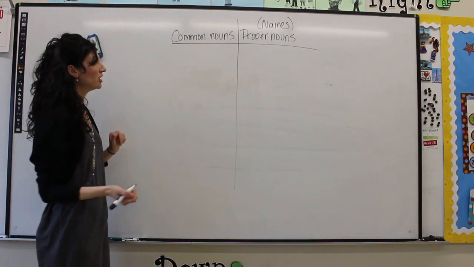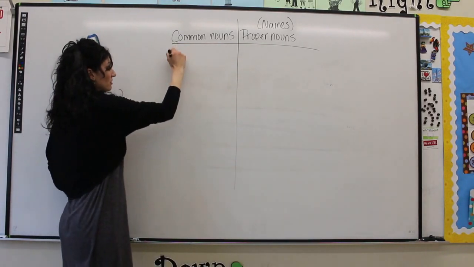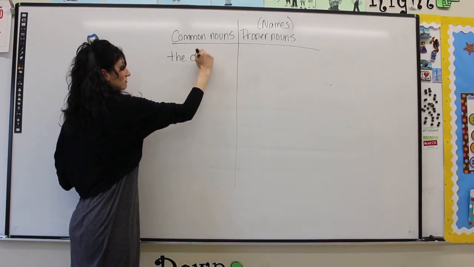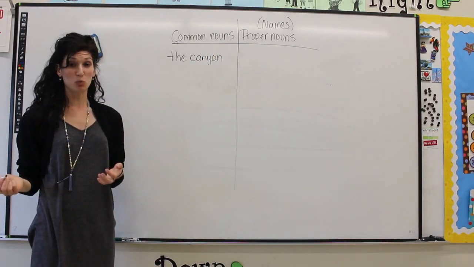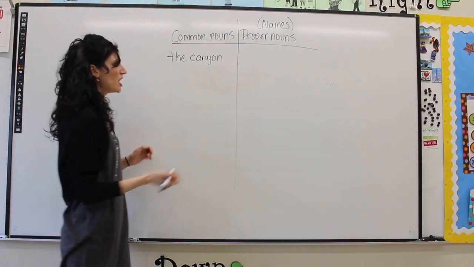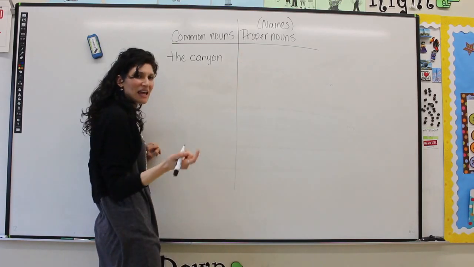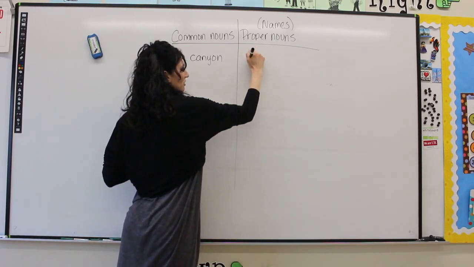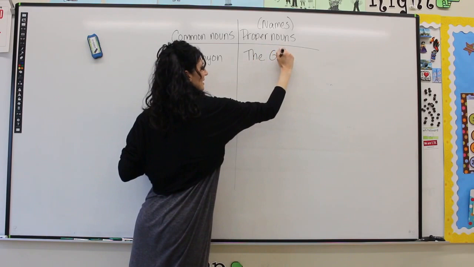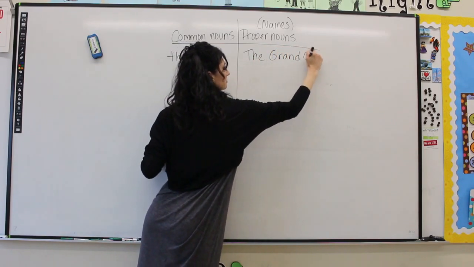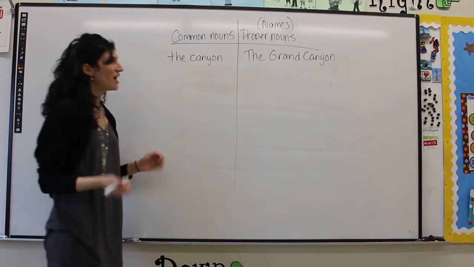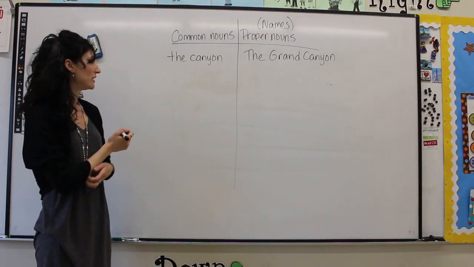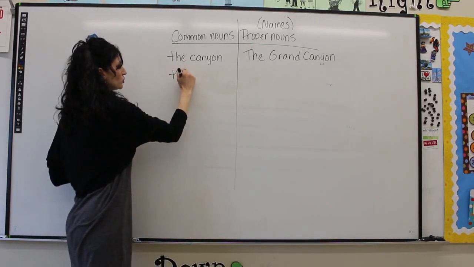So, for example, a common noun could be the canyon. Any canyon in any part of the world, in any country. But a proper noun would be the name of a specific canyon, like the Grand Canyon. Another example could be the school.